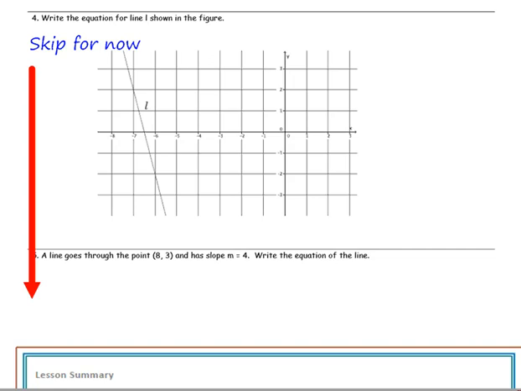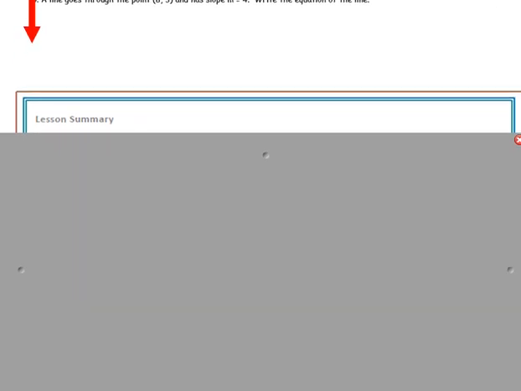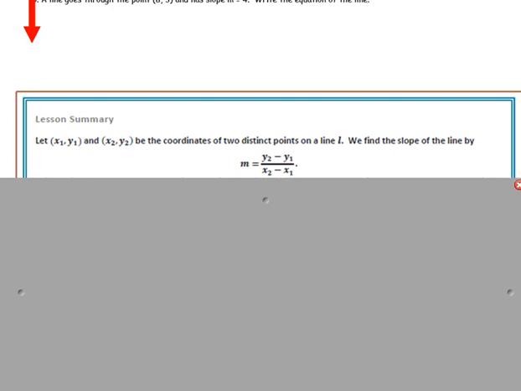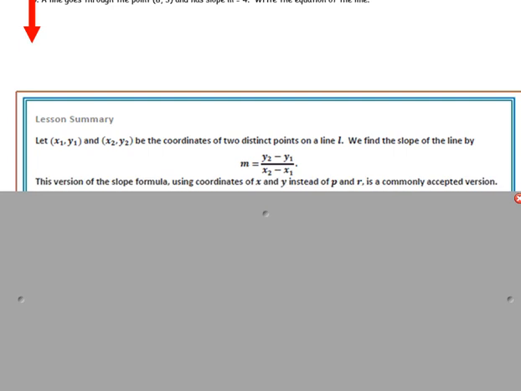We're going to skip exercise 4 for now, and we'll go ahead and do the lesson summary. In this lesson, you've learned if we let x sub 1 and y sub 1 and x sub 2 and y sub 2 be the coordinates of two distinct points on a line, we can find the slope by subtracting the y values over subtracting the x values. This version of the slope formula, using the coordinates of x and y instead of p and r, is a commonly accepted version.